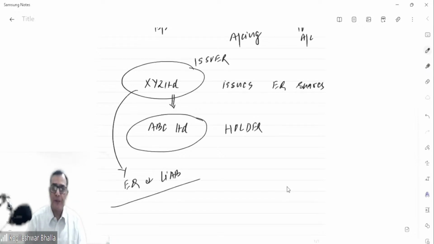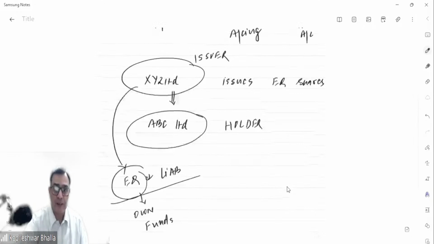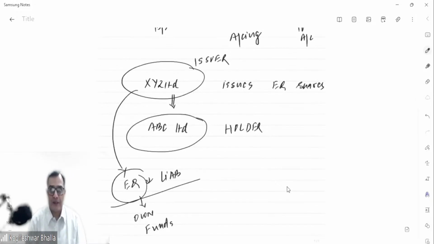In simple words, equity is, you can say, own funds. When a company employs funds, there are 2 kinds of funds. One is what you call own funds. And when we say liability, liability is what we call loan funds.